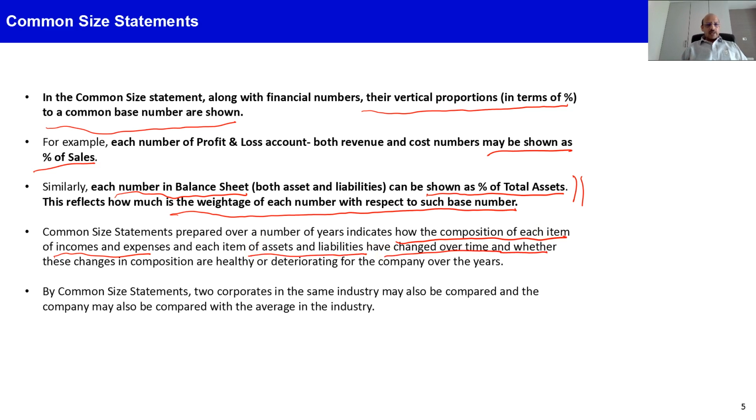This will also reflect whether the composition change is on the healthier side or deteriorating side over the years. I will explain in more detail when I explain the example. Common size statements help compare two corporates in the same industry.